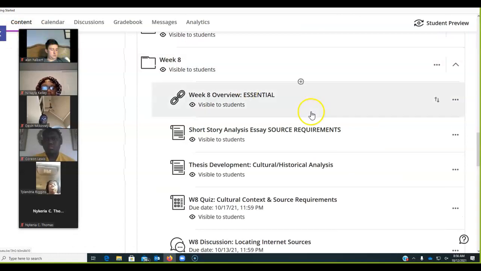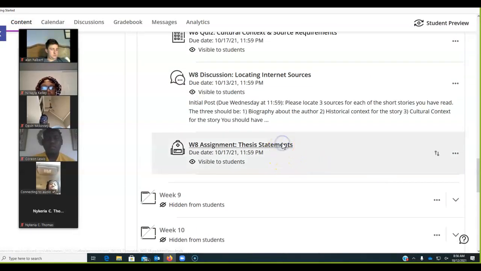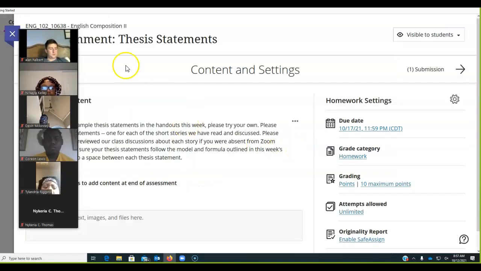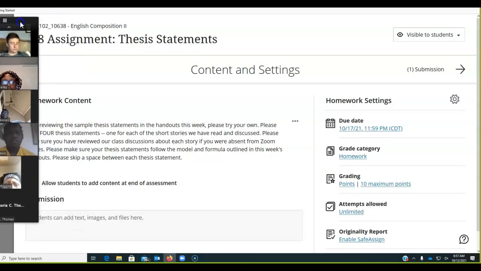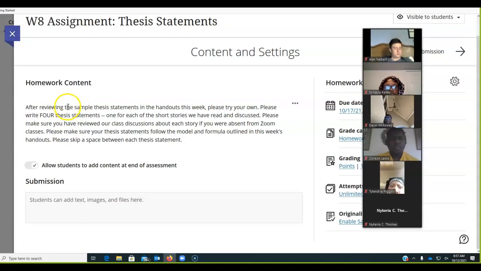Let's take a look at it in assignment form here for the end of the week, the thesis statements assignment. I'm going to move you guys. Move over here. Okay. So for this assignment, it says, after reviewing the sample thesis statements in the handouts this week, please try your own. Please write 4 thesis statements, 1 for each of the short stories we have read and discussed.